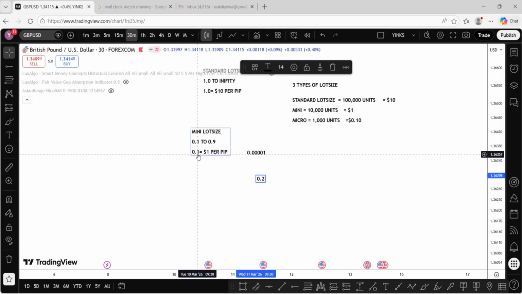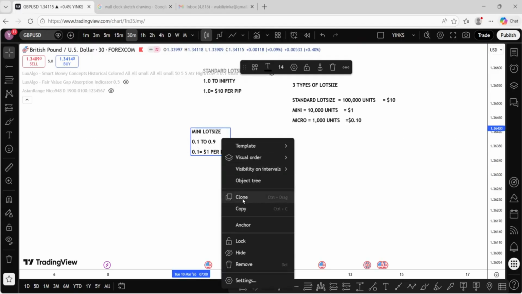Normally you're entering with 0.1, which equals $1, once you increase it to 0.2, your pip move becomes $2. The amount you're risking from your account becomes $2 per pip. So if the market moves 1 pip in your favor, you make $2. 2 pips in your favor, you make $4. The same way for standard, the more you increase the lot size, the more the amount you're risking per pip increases.